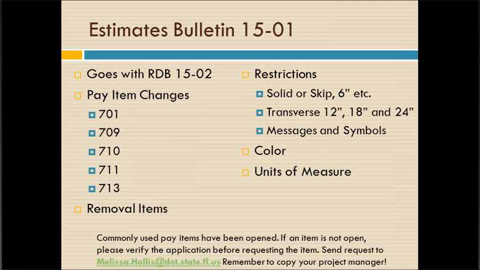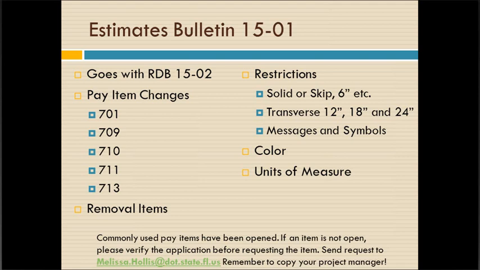The bulletin goes through the pay item changes to sections 701, 709, 710, 711, and 713. So you need to go through each of those very carefully. The bulletin does show the pay item structure for each of those and which combinations are valid.